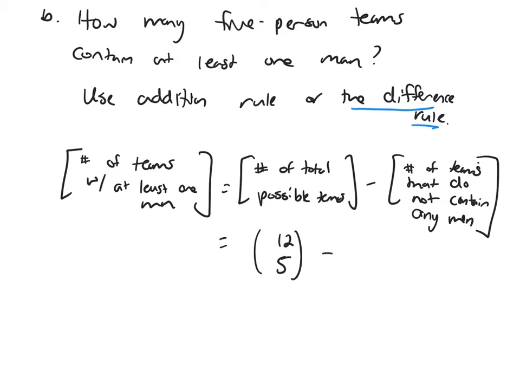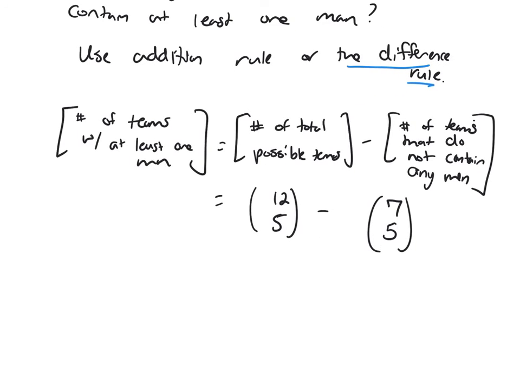And then we need to count the number of teams that don't contain any men. So the team would be entirely made up of women. There are 7 women and we need to choose 5 of them. So 12 choose 5, I think we did this before, is 792. 7 choose 5 is 7 factorial over 5 factorial times 2 factorial.